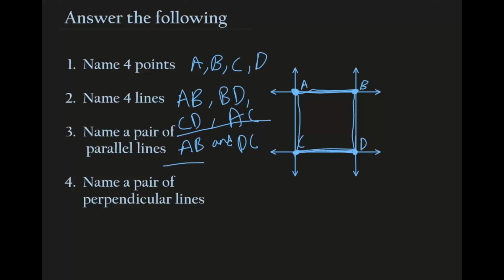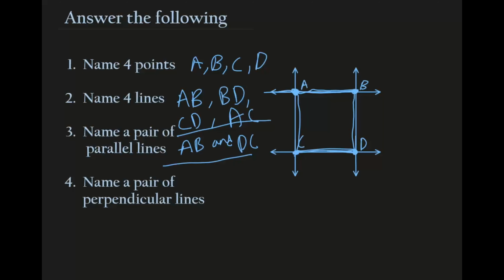Then we're naming a pair of perpendicular lines. So we have 4 pairs of perpendicular lines actually. So now what we will do is we're just going to choose one of them. So right here we have one line.